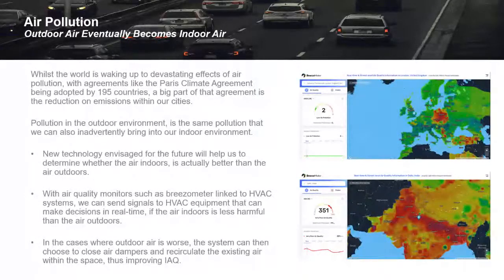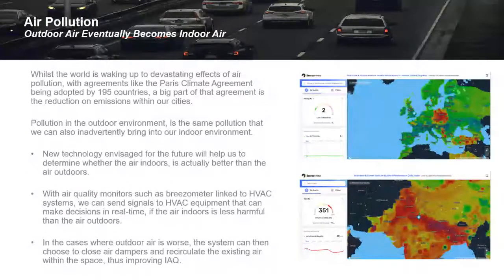The system called Breezometer works by having a number of different pollution monitors stationed in different cities and different parts of the world, which can feed information back in real time to control equipment that's linked to air handling units. As you see in the top right-hand corner here, on this particular day Poland was having a pretty tough day for air pollution.